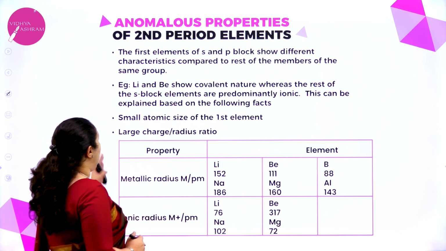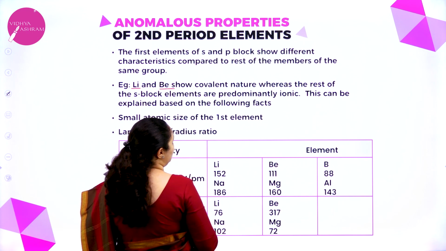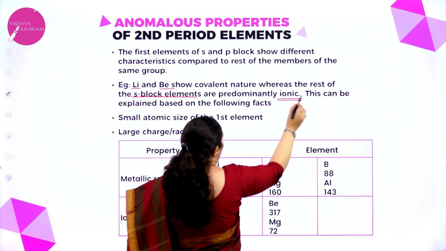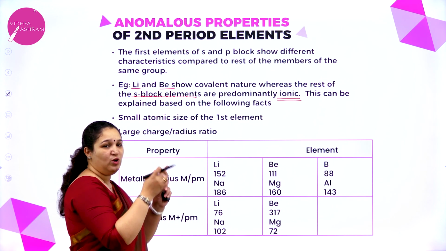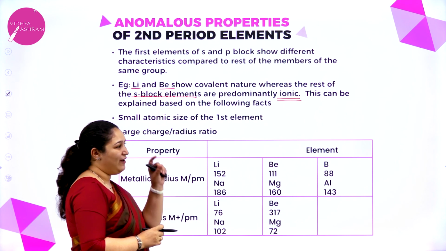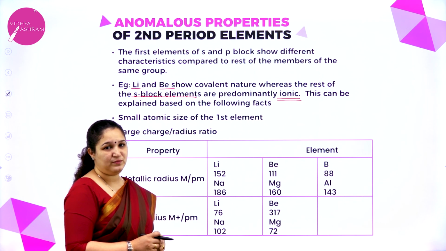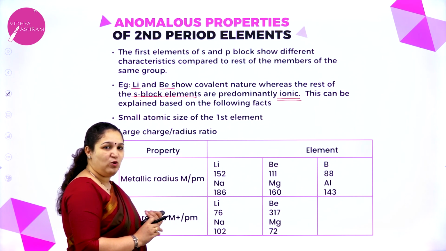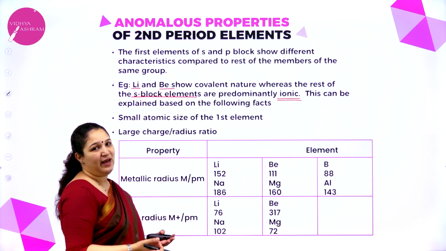For example, lithium and beryllium show covalent nature, whereas the rest of the S block elements are predominantly ionic. If you take the first 2 groups, group 1 and group 2, what is the first element you have? You have lithium and beryllium. Only those 2 elements are forming covalent bonds. All the elements below them show ionic character.